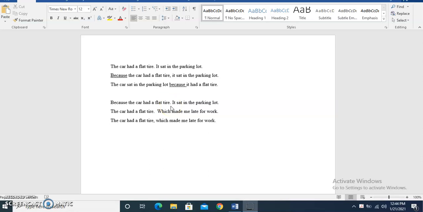Fragments can happen for more than one reason, but this is a really common reason, when you try to treat a subordinating clause as though it's independent. It's not, right? Because again, think about the difference between a period and a comma. A comma shows a pause, but a continuation in the same sentence. A period shows a stop. It's implying what comes before is a complete sentence or an independent clause. So again, it's a misrepresentation of what's going on here, right?